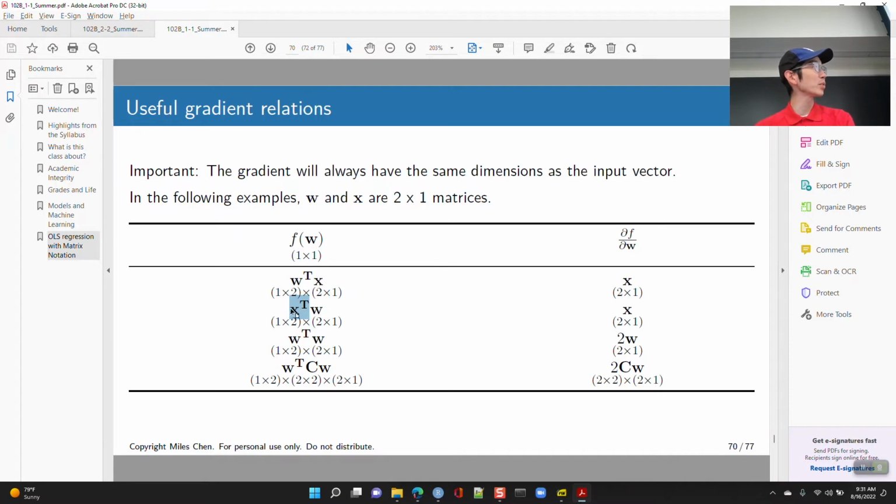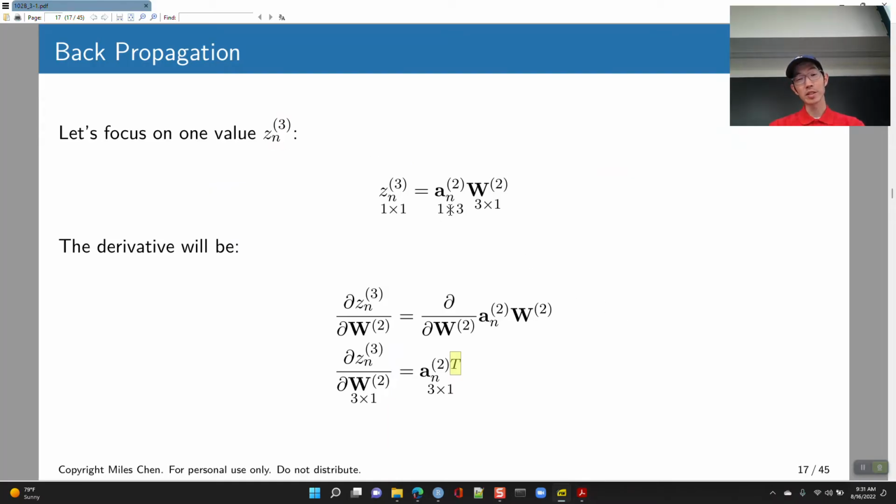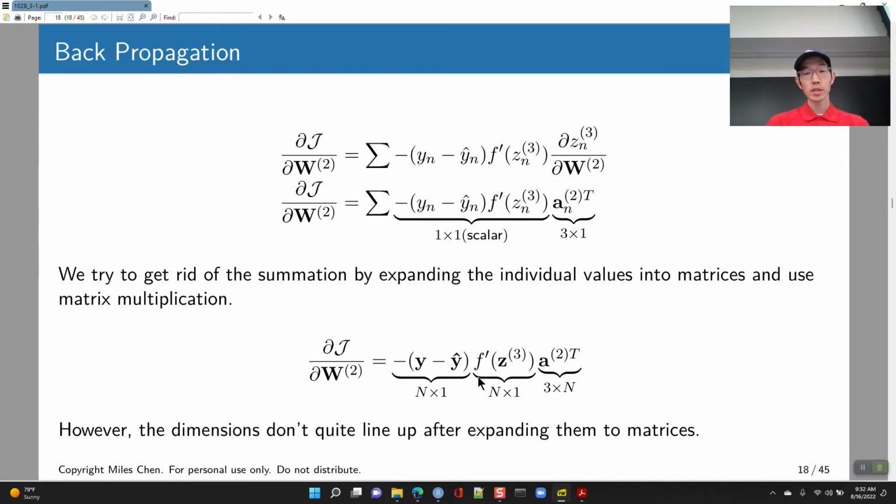It's going to be the transpose of this thing, which here is A sub n transpose. Is that all right? Okay, so this itself doesn't change with respect to W2, and so now I will plug that in here.